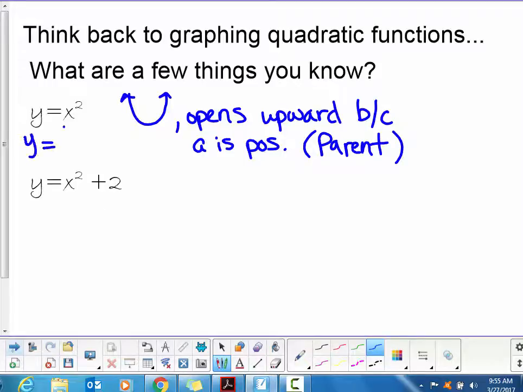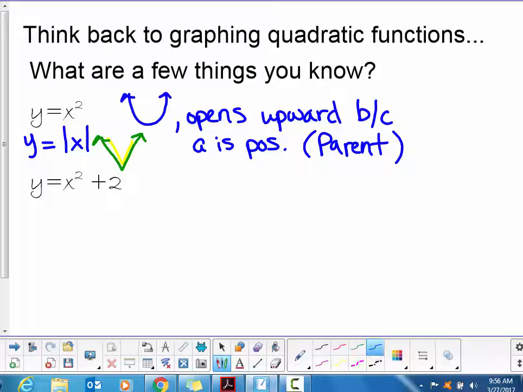Y equals the absolute value of x is just like the parabola. The only difference is that instead of a U-shaped graph, it makes a V, but it still opens upward because a is positive. It is the parent function.